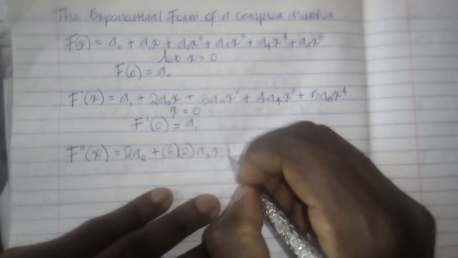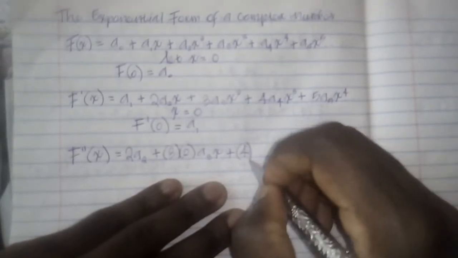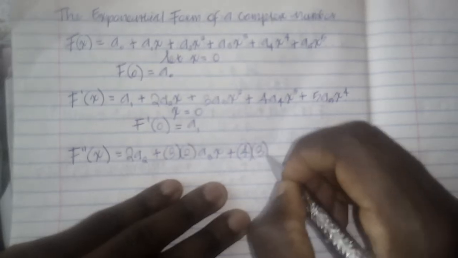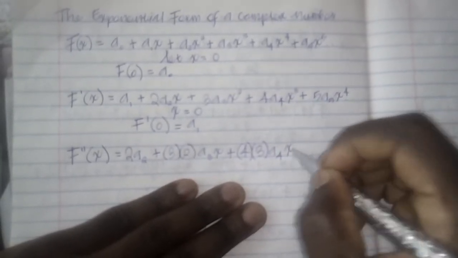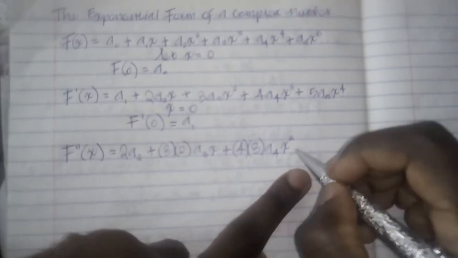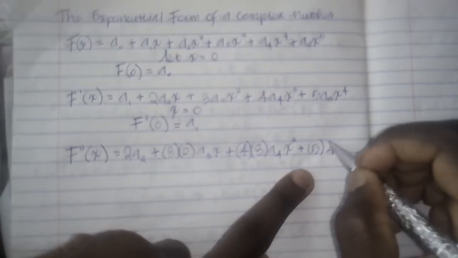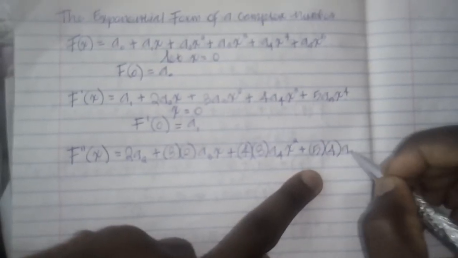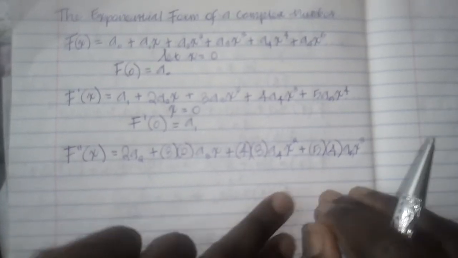Now differentiate this the same way, plus 5 times 4 times a5 x power 3.